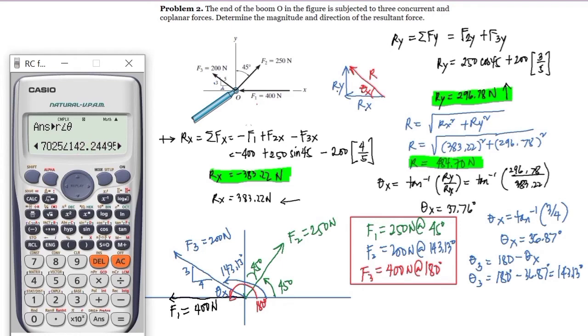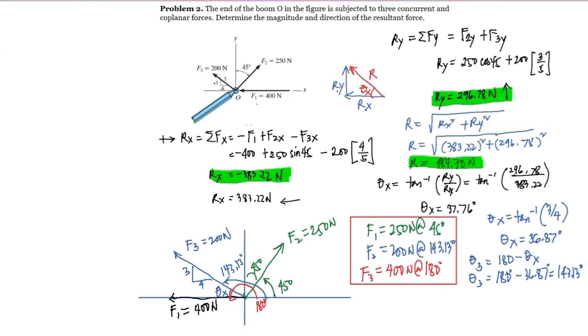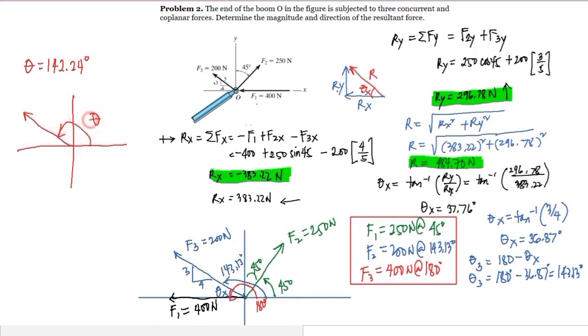So that 142.24 degrees ay standard, no? So yung theta natin is 142.24 degrees. Standard ito. So, meaning, that is more than 90 but less than 180. Somewhere here. Ito yon yung angle na to na nakuha natin. But, ang kailangan natin dito is this theta x. So, theta x is equal to 180 minus theta.